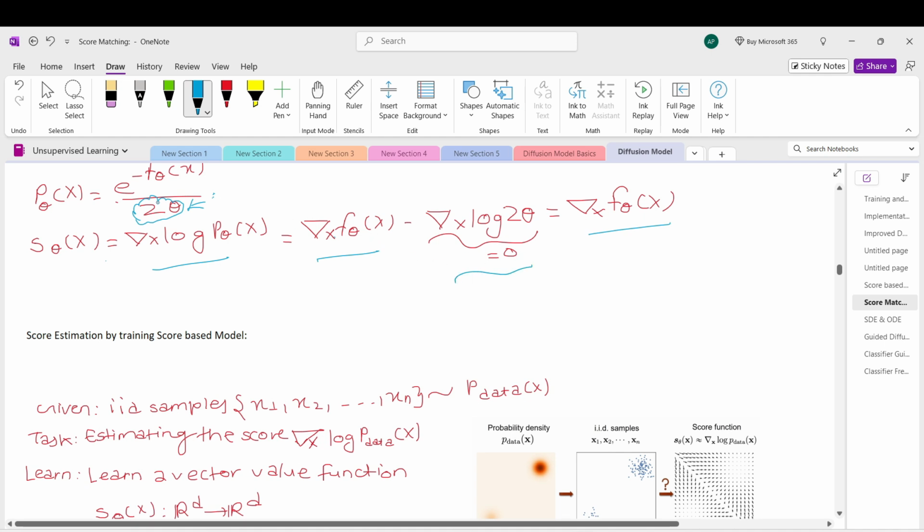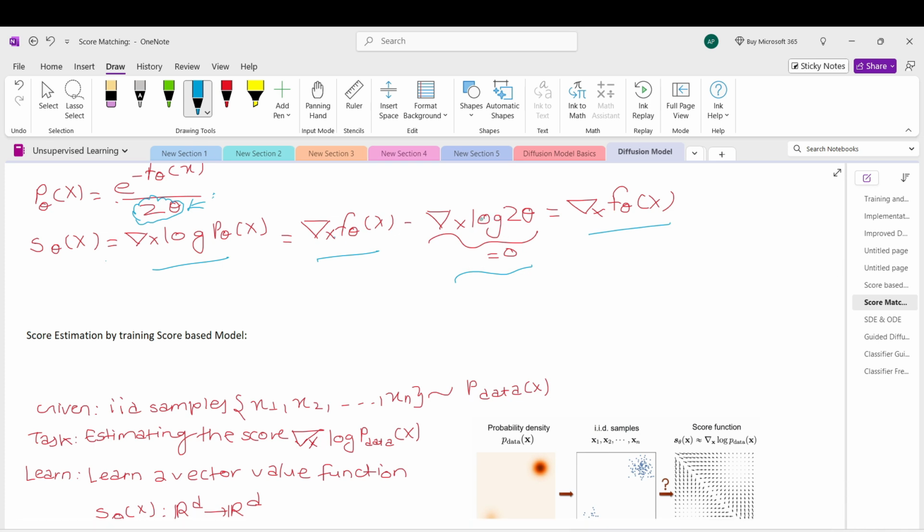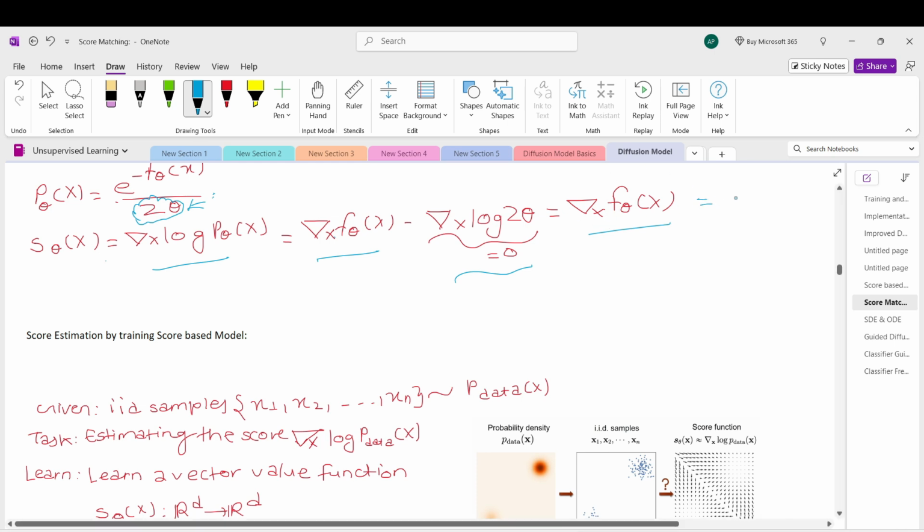So if you take the gradient, it becomes like this, and we are left with this quantity which no longer depends on the normalizing constant. This is just the function f theta of x, and it no longer depends on Z theta, the normalizing constant. So we get rid of this.